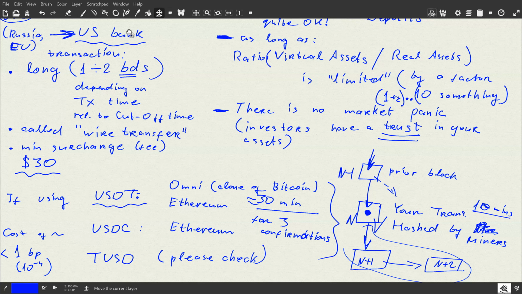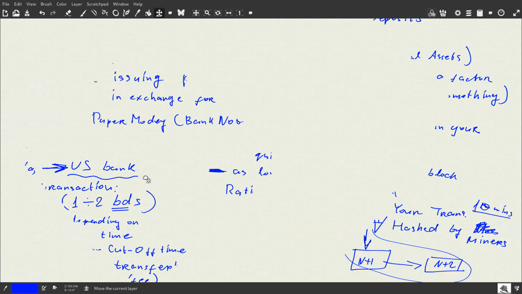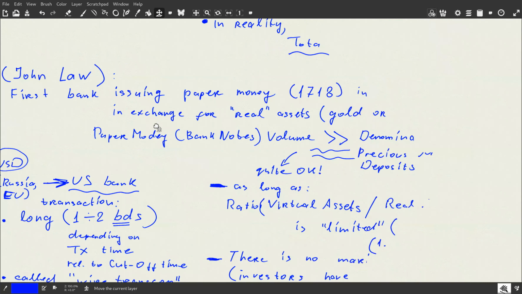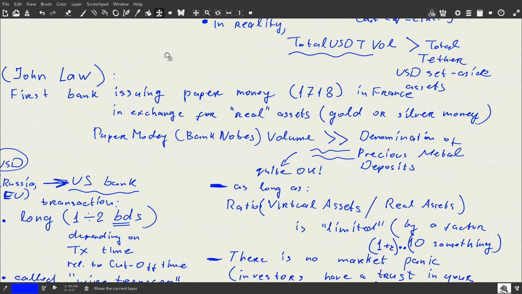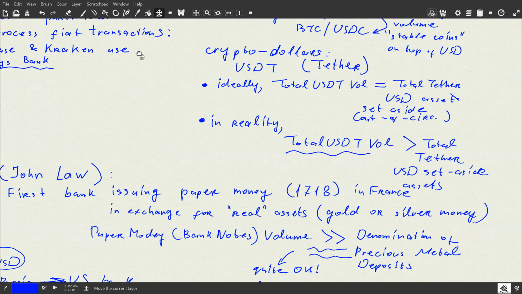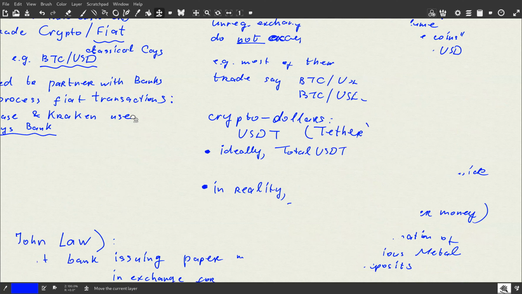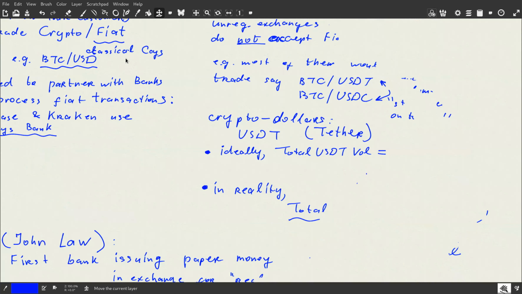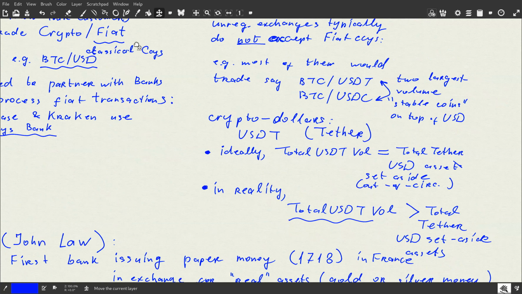So you can really trust the most liquid of them. That's why, going back, Tether and USDC are okay and they are trusted, and it is completely okay to conduct financial trading of other cryptocurrencies backed by USDT and USDC.